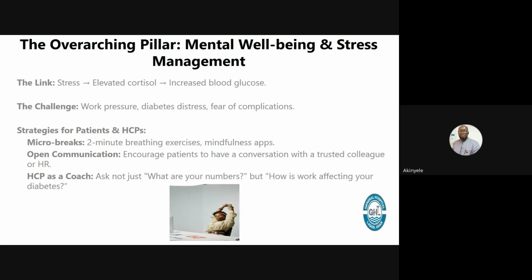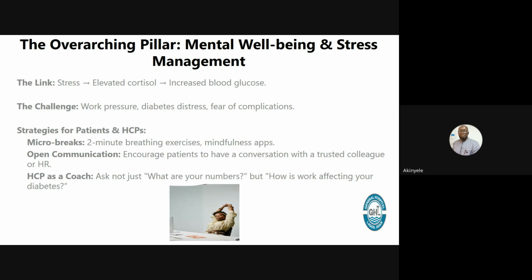It can be very stressful. And of course, they also have at the back of their mind that my sugar is not doing well, I'm exposed to developing complications. So all of this can be very stressful for a diabetic patient.